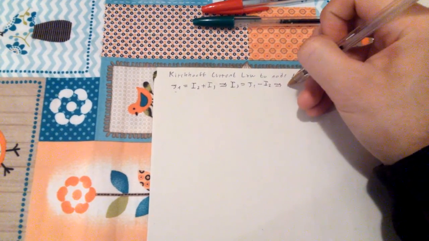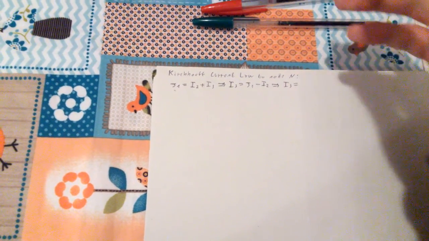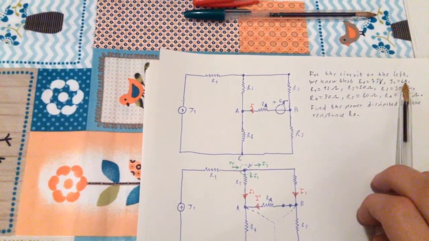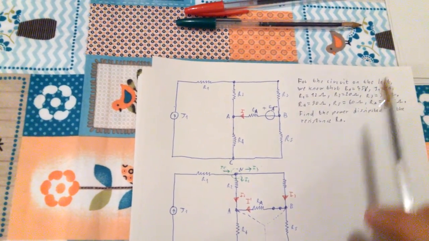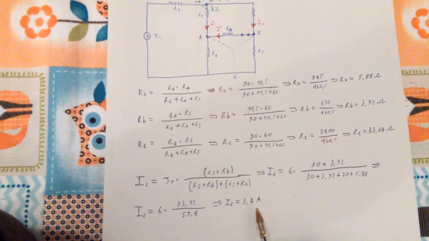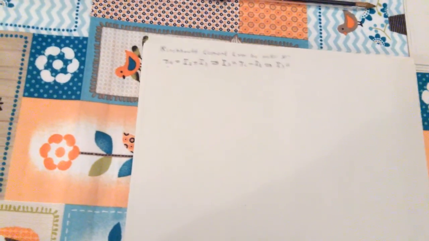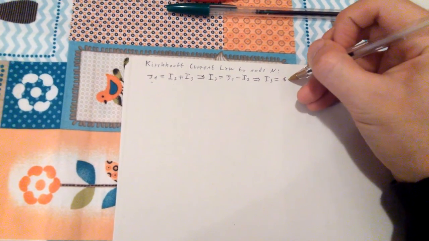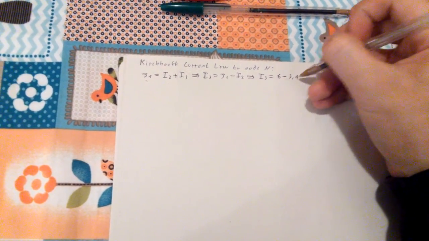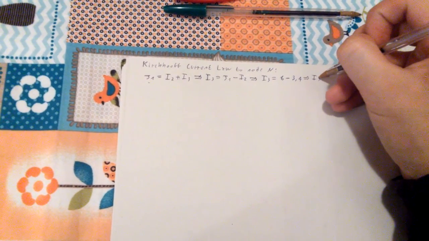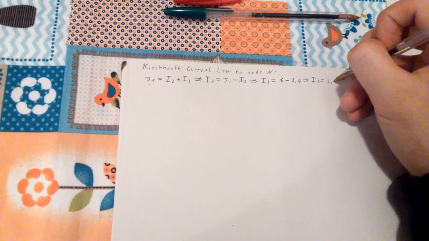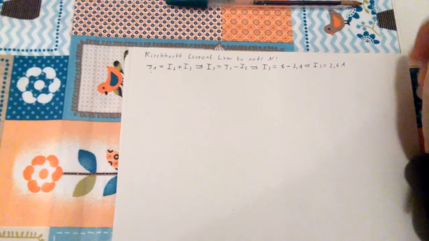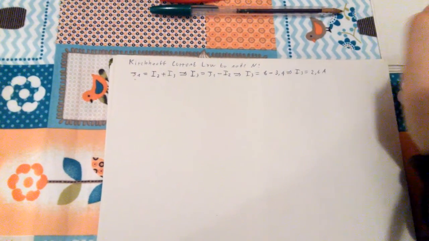If I plug numbers back in, J1 was 6 ampere and I2 was 3.4 ampere, so I3 is 6 minus 3.4, which is 2.6 ampere. Now we have found I3, which is pretty good. So we're getting there.